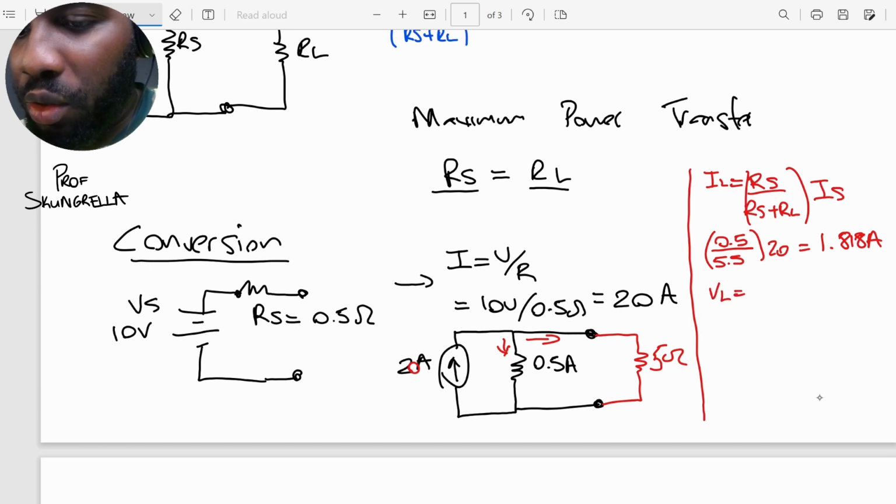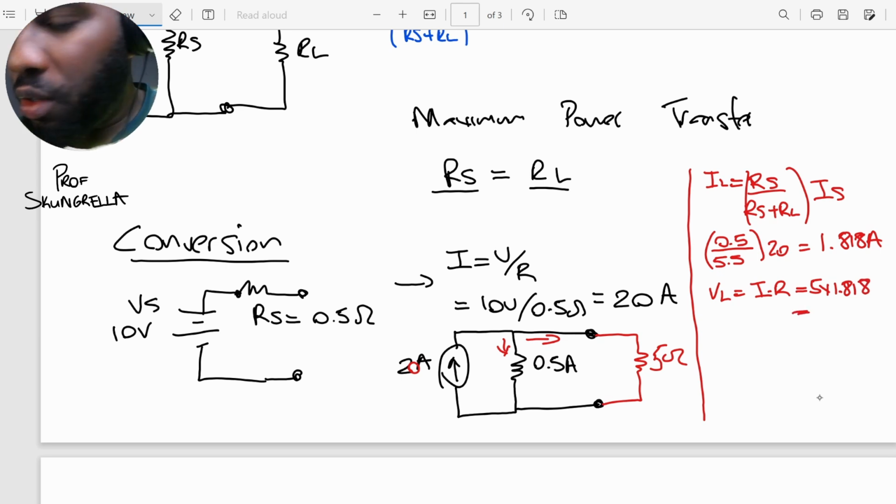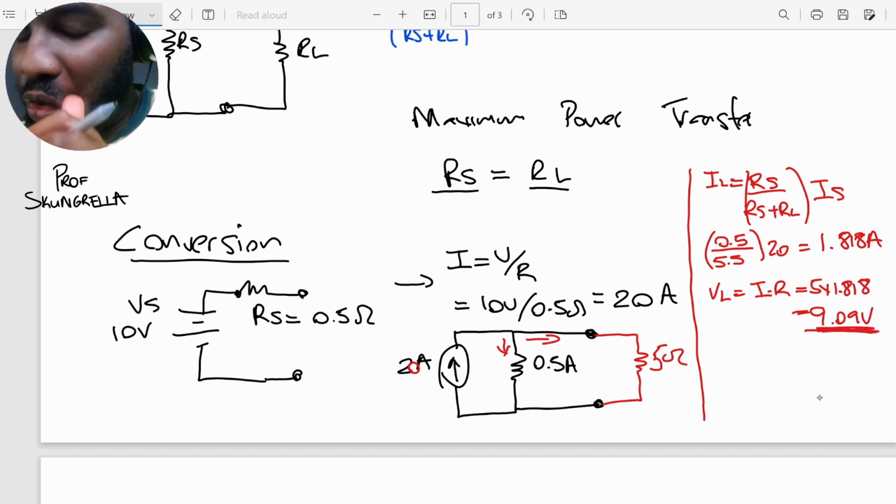VL is going to be equal to I times R, which is 5 times 1.818, which gives us 9.09 volts. So this is the voltage across our load based on the amount of current that is flowing through it.